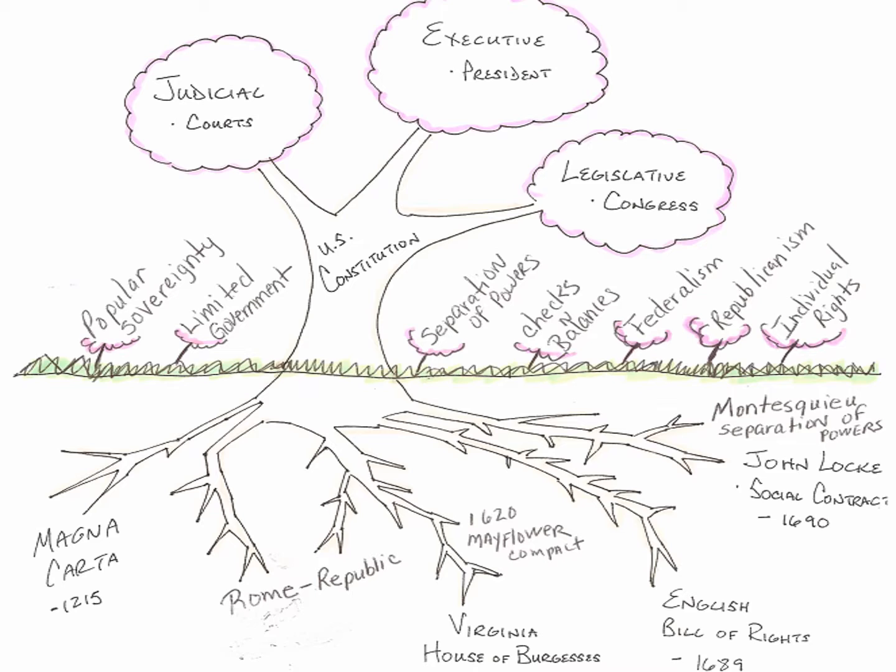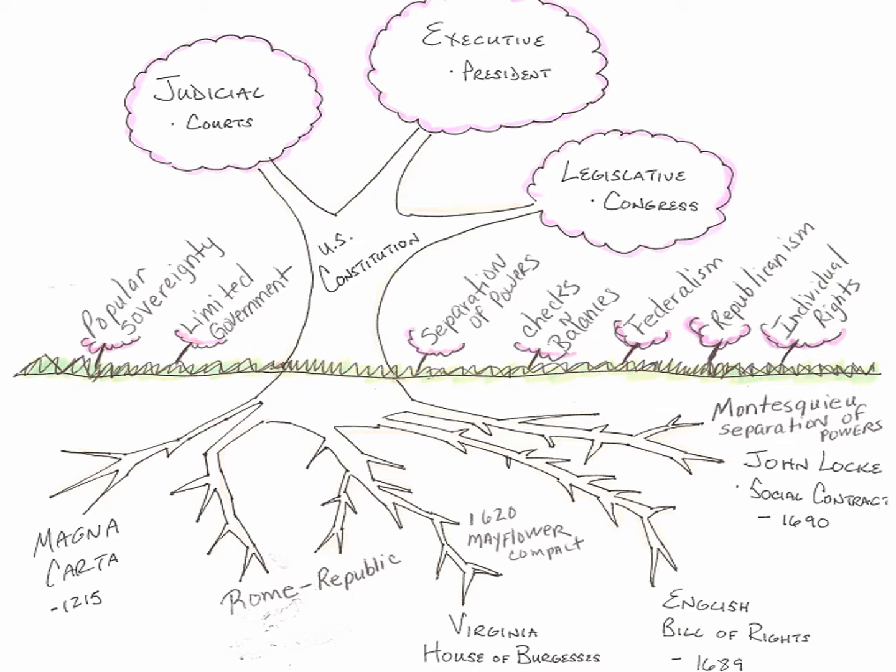We have Montesquieu's separation of powers, John Locke's social contract of 1690. All of those created this, which is the U.S. Constitution. And with the U.S. Constitution, we have the judicial branch, we have the executive branch, and the legislative branch. All of these make our trees, and underneath these, we have the 7 principles.